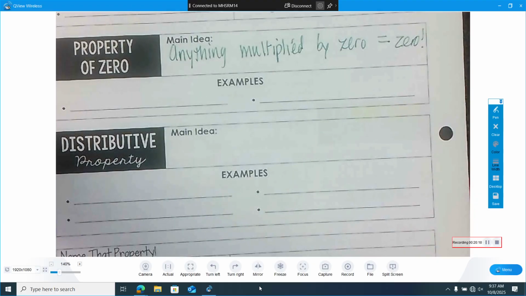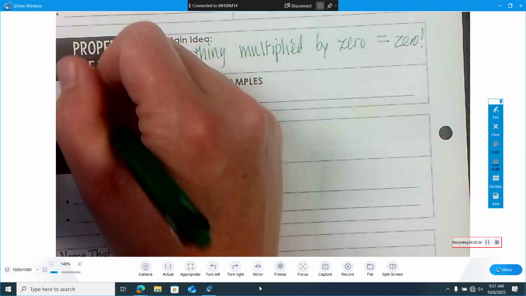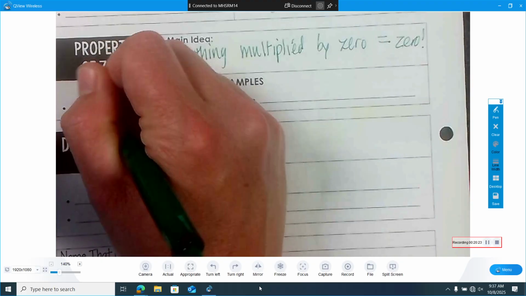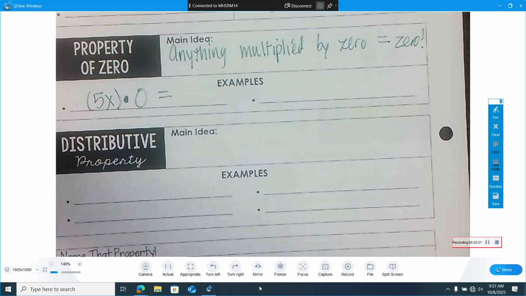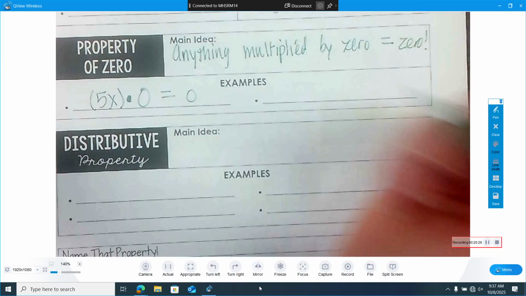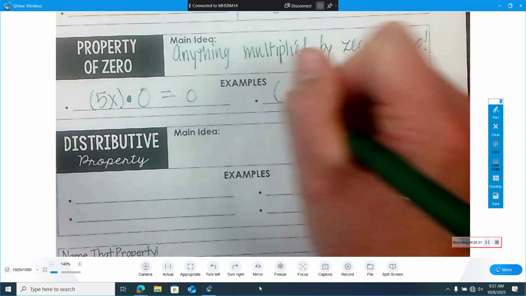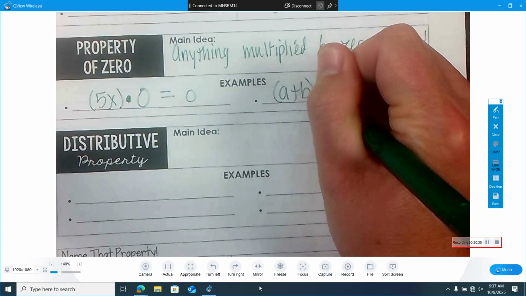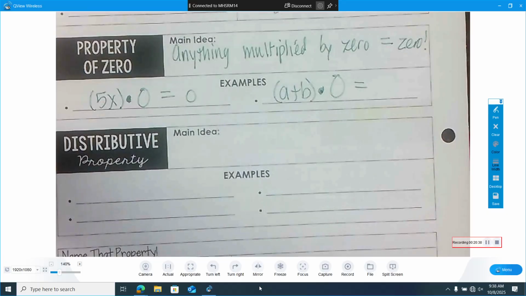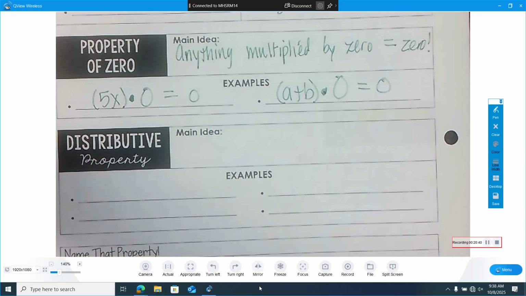So if I have 5x times 0, what does it equal? 0. If I have a plus b times 0, what does it equal? 0. It doesn't matter. If it's multiplied by 0, the whole thing is going to equal 0.